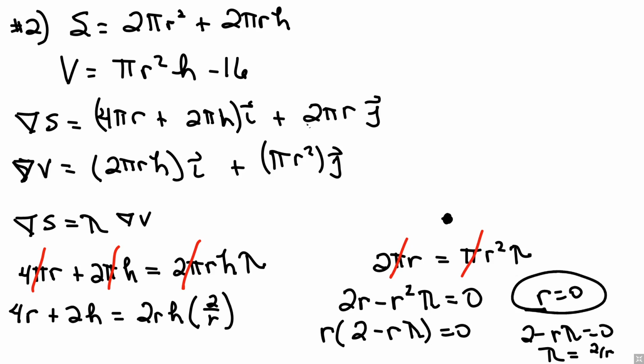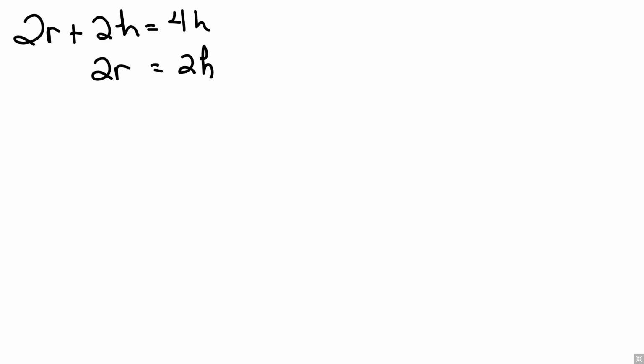What I'm going to end up with is 2r plus 2h is equal to 4h. So 2r is equal to 2h, so r is equal to h.